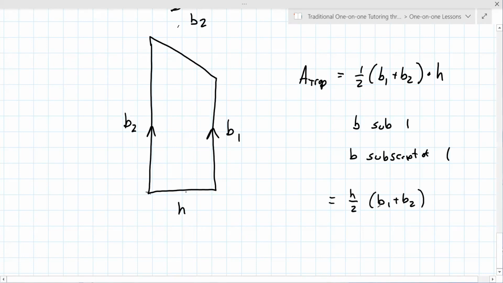An instructor could call this a base. They could say it's sitting on the base here, but it's not really the base. It's these two heights. But I just need to know to add the two parallel sides, multiply by the other straight line, divide by 2. Exactly. You said it perfectly.